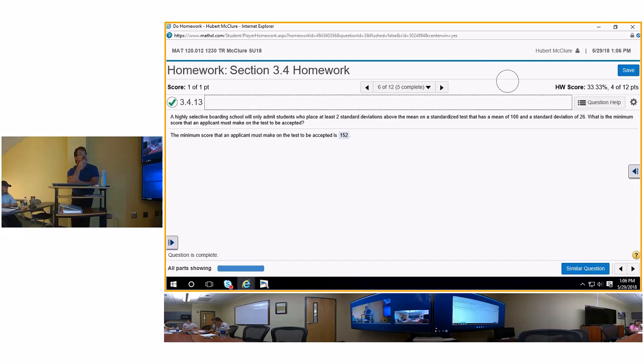Okay, now this is where you're using a little bit of the empirical rule. They're not really asking for it. It says 2 standard deviations. I don't think it's asking for a z-score, but it may. No, I don't think so. All you got to do is just draw it out using the empirical rule or mean and standard deviation.